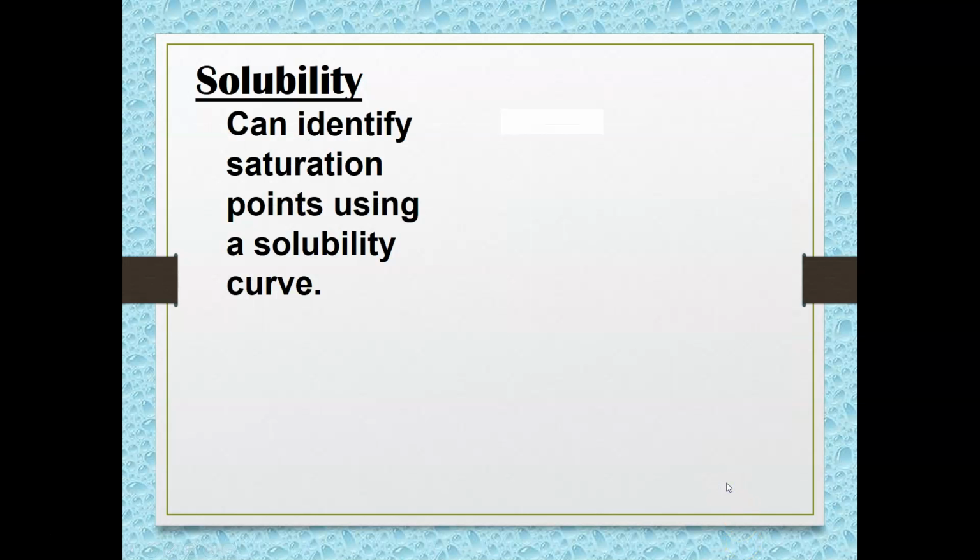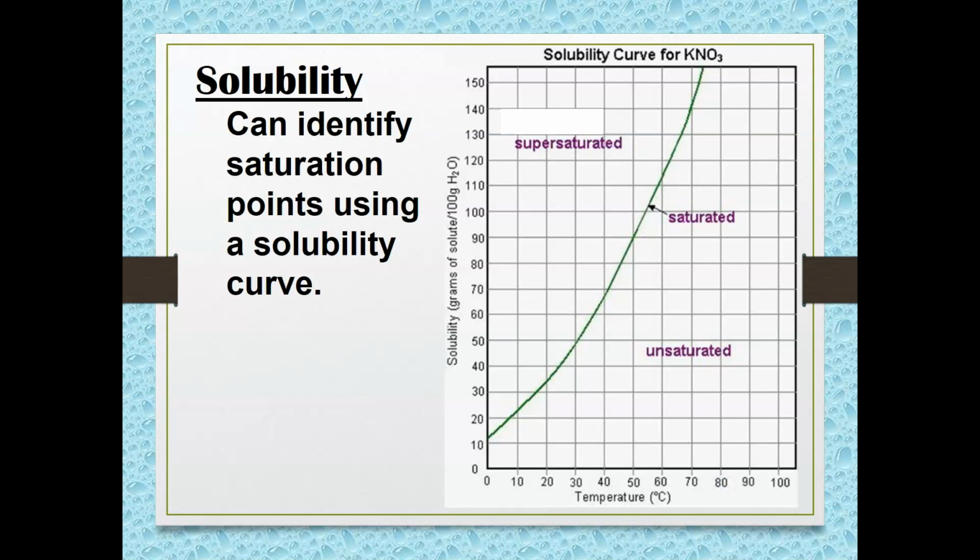Now, if I give you a solubility curve, you should be able to figure out where these saturated, unsaturated, and supersaturated portions are. If you think about it, right along the line is the point at which we have the most dissolved possible. So that's the saturation point.